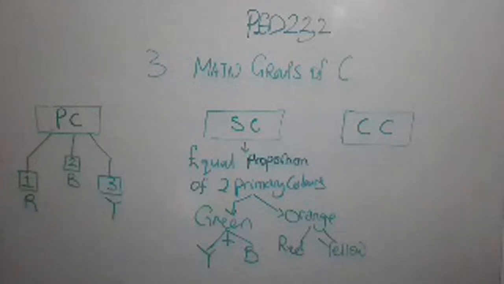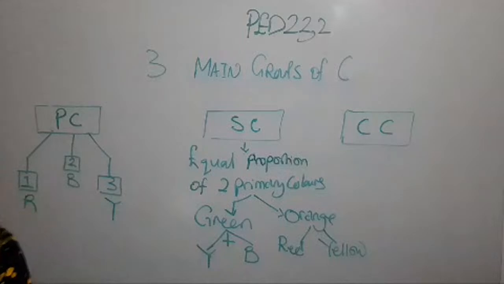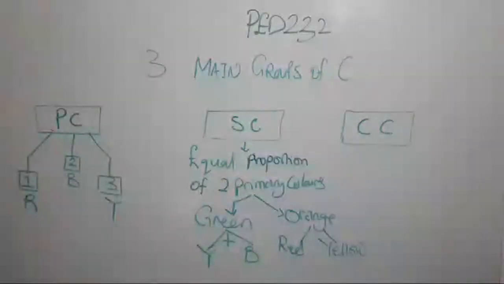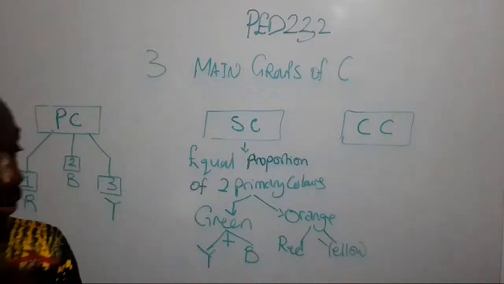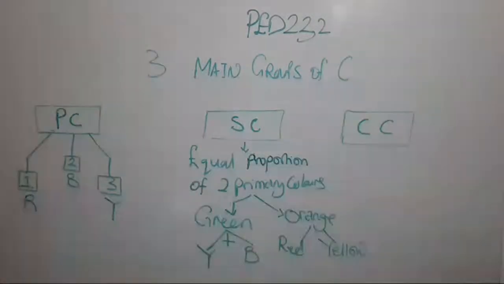Now we have that as that. While purple, we also have purple. Purple is from red and blue. So these are examples of the secondary colors.